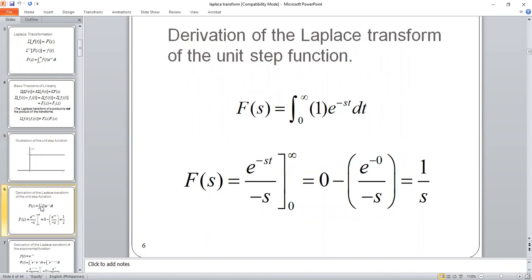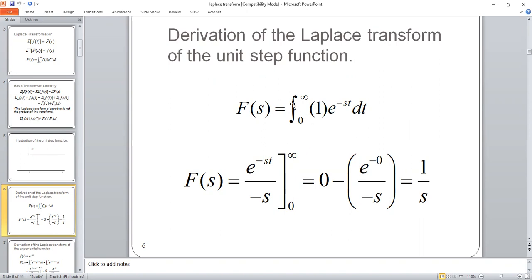So the unit step function u of t, if I take out the 1 and place here the u of t, times e raised to minus st, will have a Laplace transform of 1 over s, based on the process of integration that you will do here. Your u of t is equivalent to 1 as long as t is equal to or greater than 0.